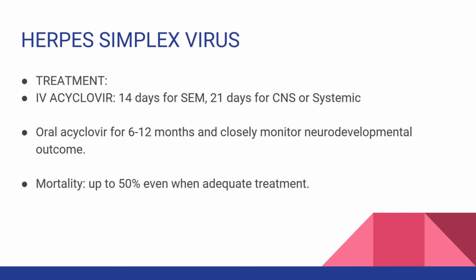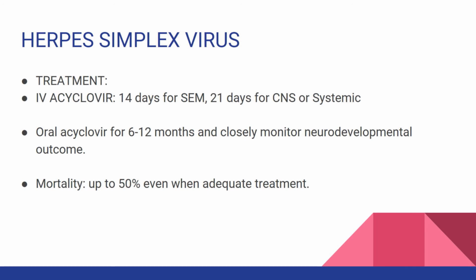This is to make sure that they do not develop neurodevelopmental delay. Studies have shown that in newborns with congenital herpes simplex virus infection who have been treated with oral acyclovir for 6 to 12 months, the neurodevelopmental outcome is actually better.